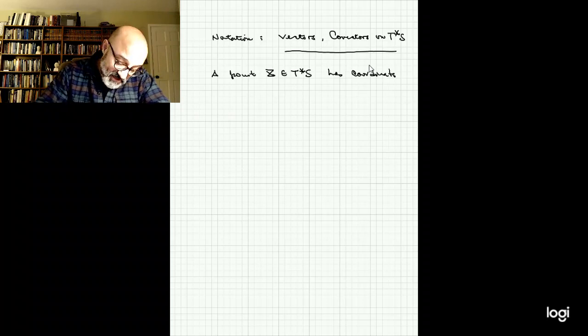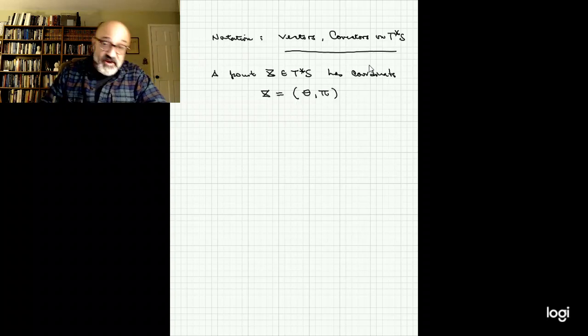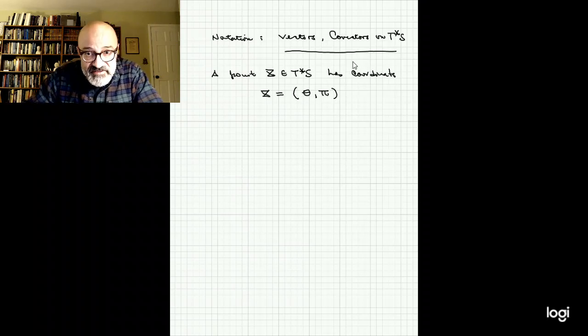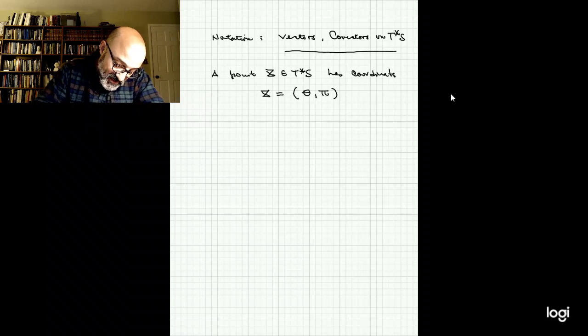We're going to write X as (theta, pi). Look where this is going: positions in this space and the corresponding momenta. Those are going to be the pi's, but at this point we do not know that.